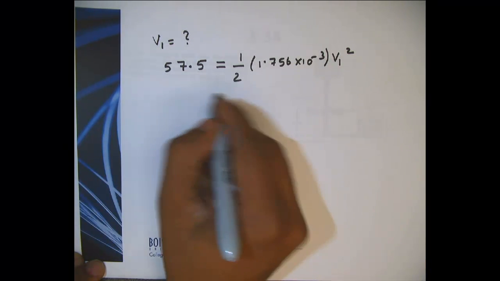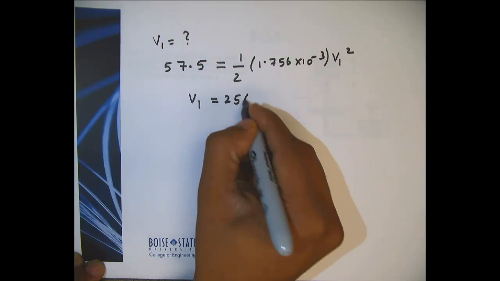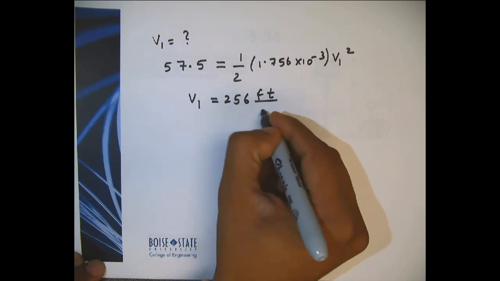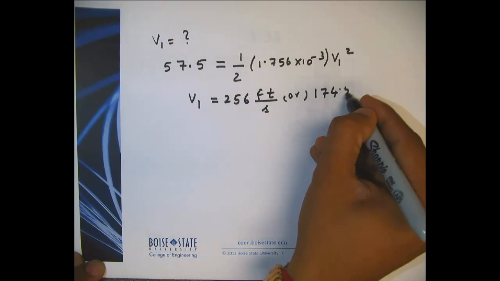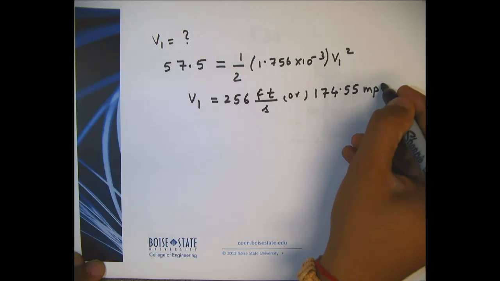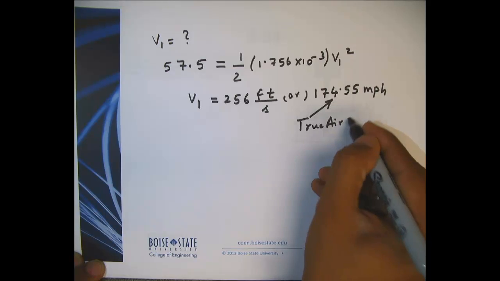If I put in these numbers, I would get about 256 feet per second, or about 174.55 miles per hour. So this will be your true airspeed.